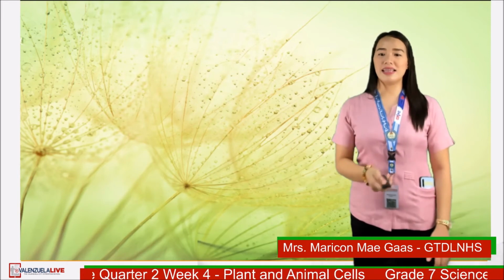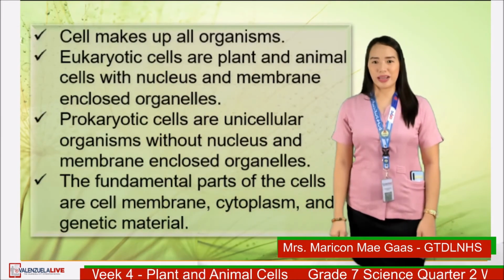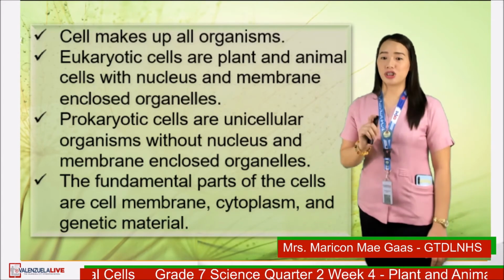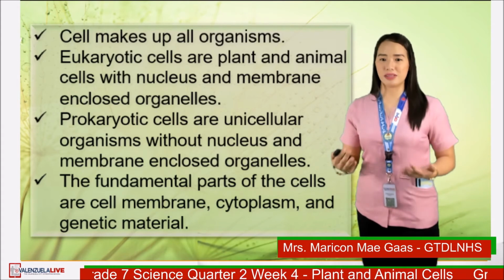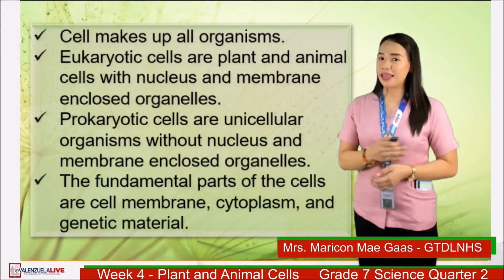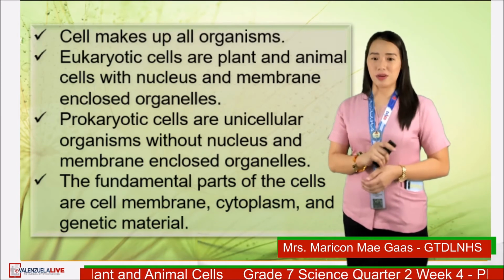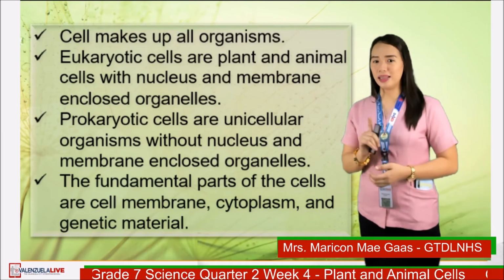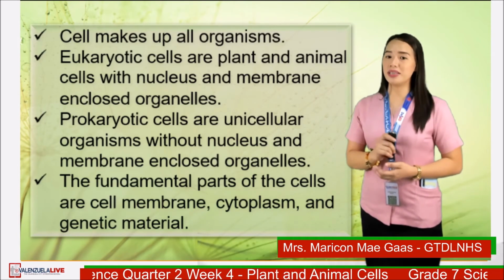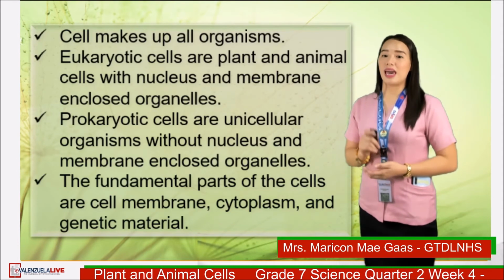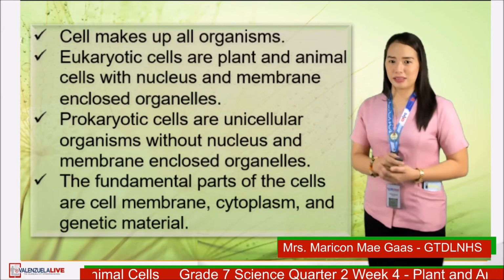In summary, you have learned that the cell makes up all the organisms, and that organisms can be made up of just one cell or billions of cells. Also remember, eukaryotic cells are plant and animal cells with nucleus and membrane-enclosed organelles, while prokaryotic cells are unicellular organisms without a nucleus and membrane-enclosed organelles.